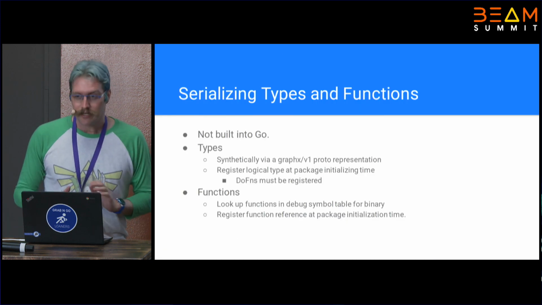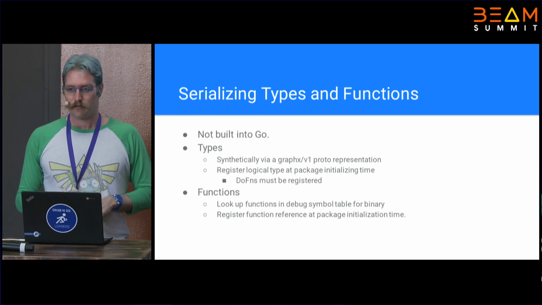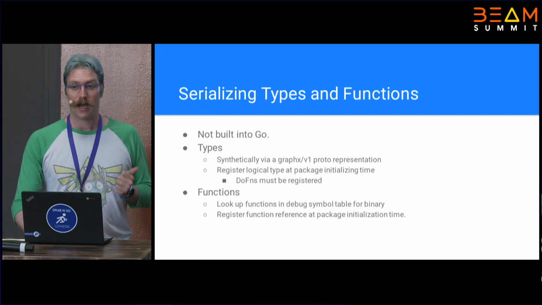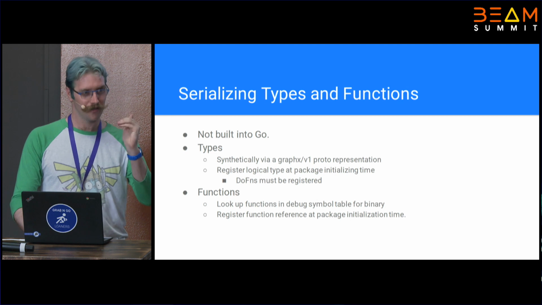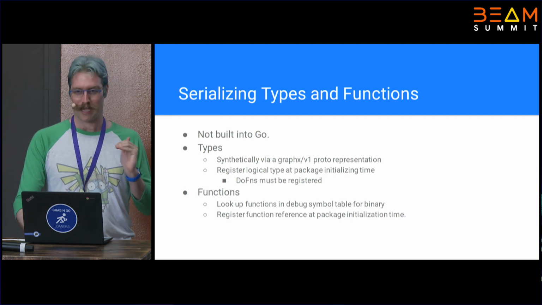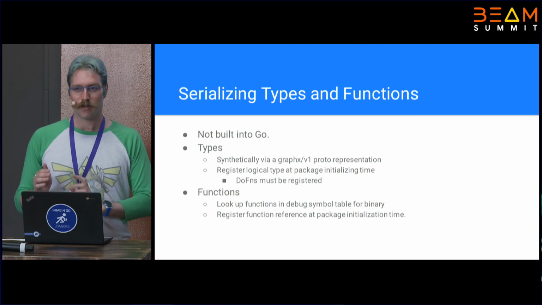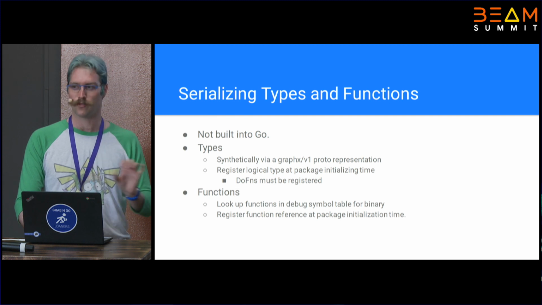We end up serializing types and functions, like I said, not built into Go, via one of two ways. For types, we either do a full reflective recursive search through its type or its actual struct types and serialize that in a protocol buffer, which we've mapped every Go type to.